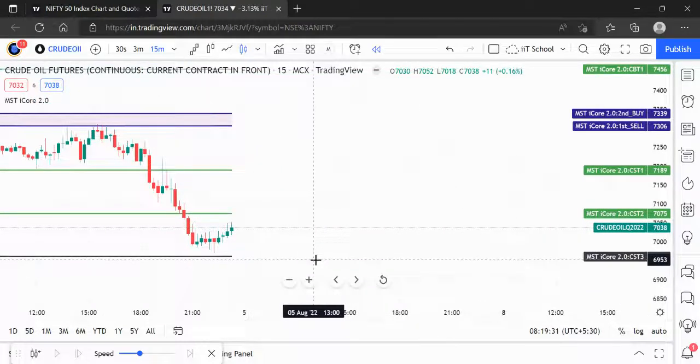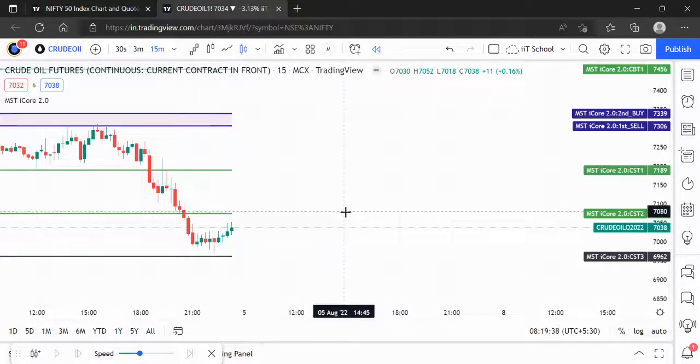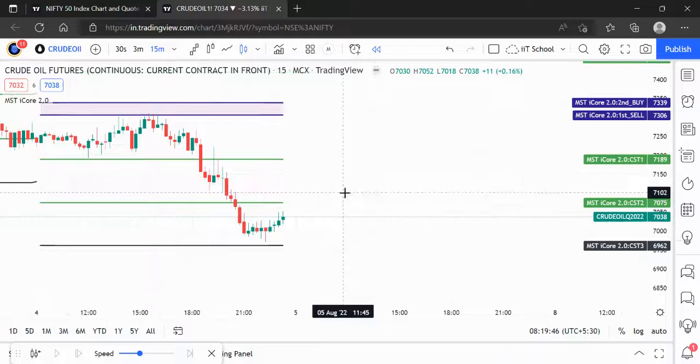So almost all the big two targets are also achieved. The low made 6971 and our last target of big two target is 6962. So almost all the targets have been achieved.